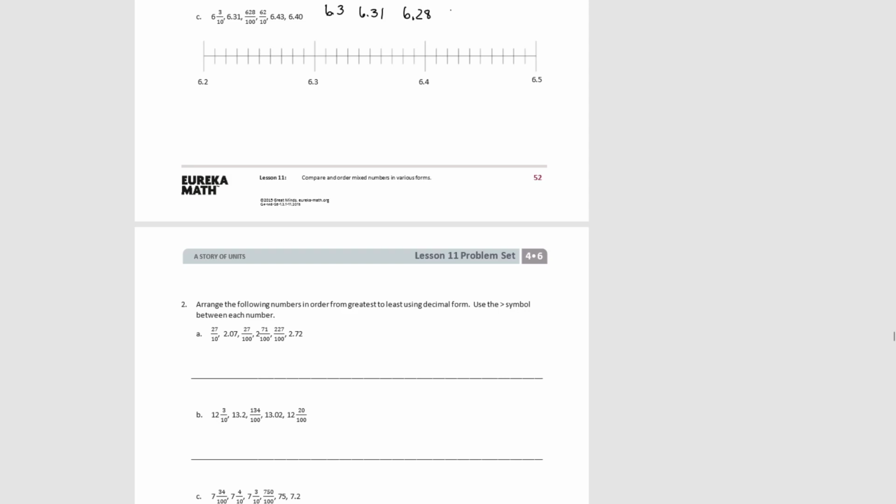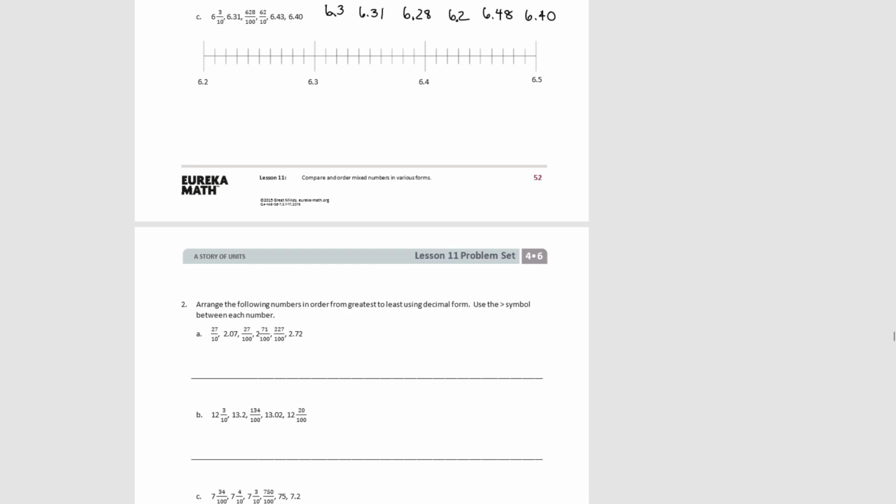62 tenths would be 6 and 2 tenths. And then we have 6 and 48 hundredths and 6 and 40 hundredths. And again, I'm going to make this connection in my head from the original form to the one I've now converted, and I'm going to write the original form on the number line.